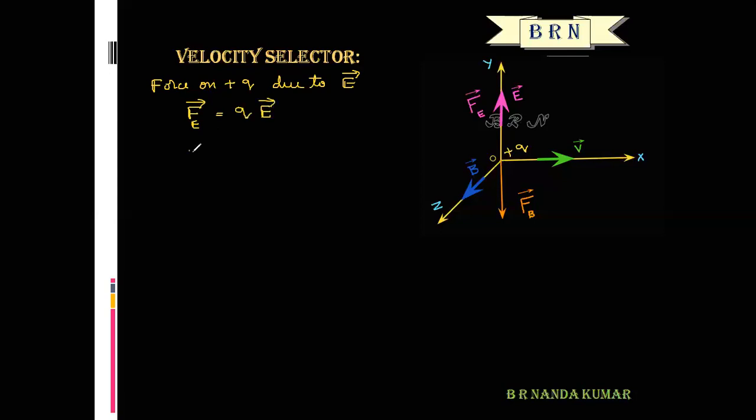So this can also be written in the form of F E vector is equal to Q E into J cap. So E is the magnitude of E vector, J cap is a unit vector, indicates the direction of E vector, that is along positive y-axis.